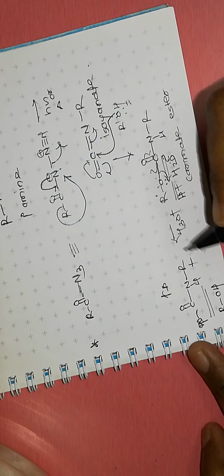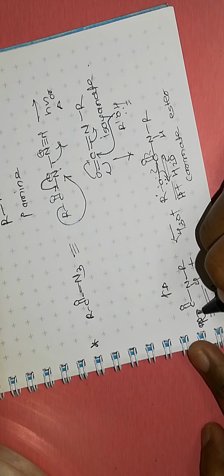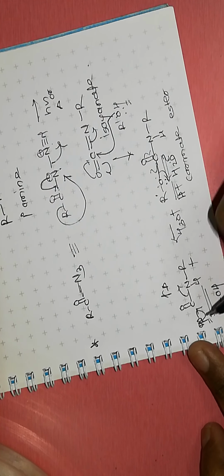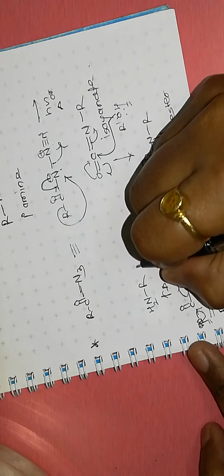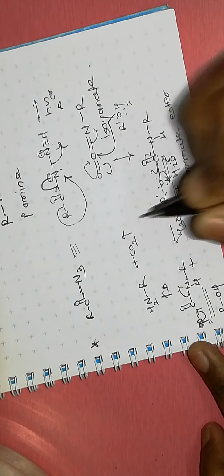This is the carbamic acid. It undergoes decarboxylation, this bond takes this proton and we get NH2R. This is the primary amine and the byproduct is CO2.